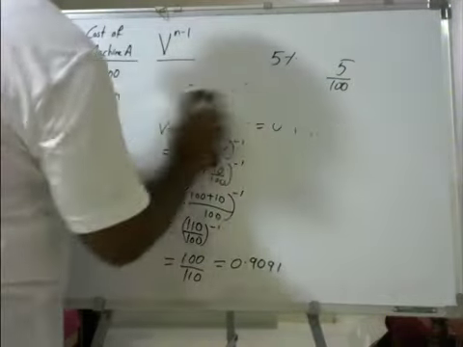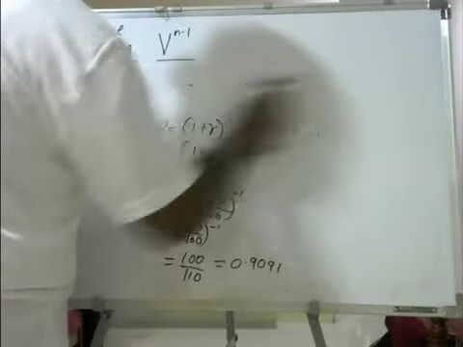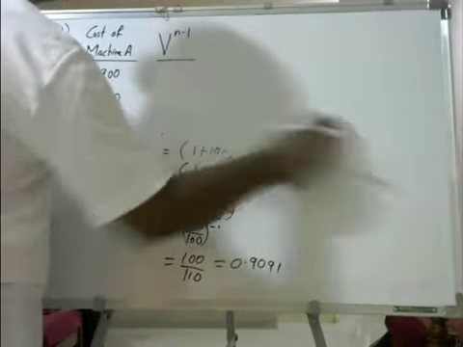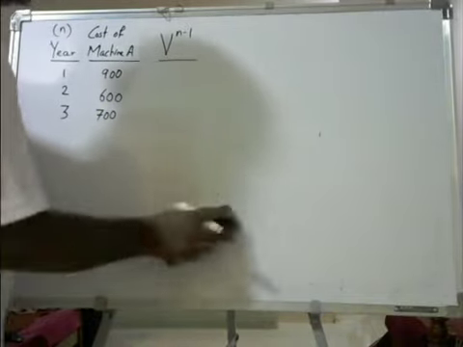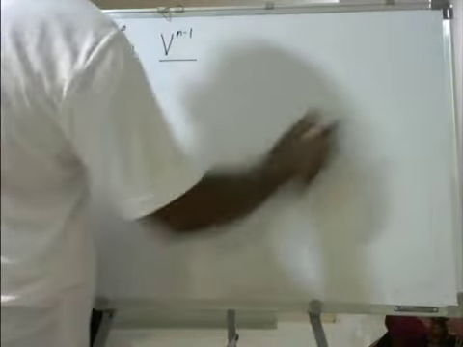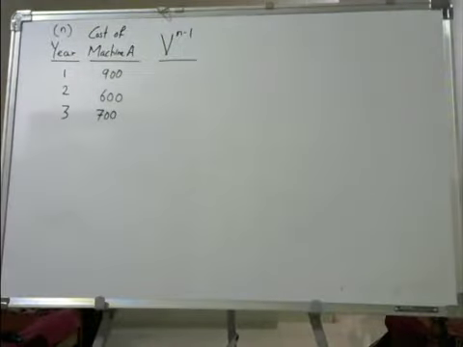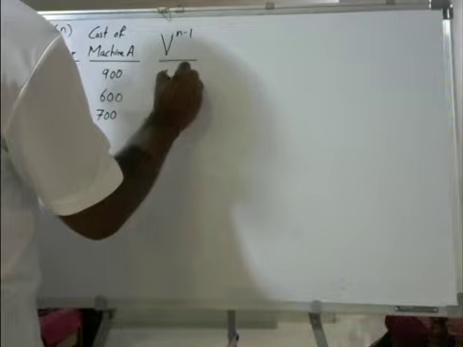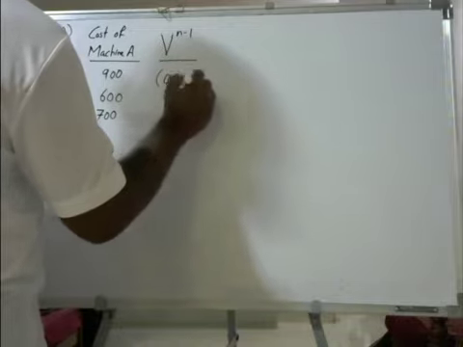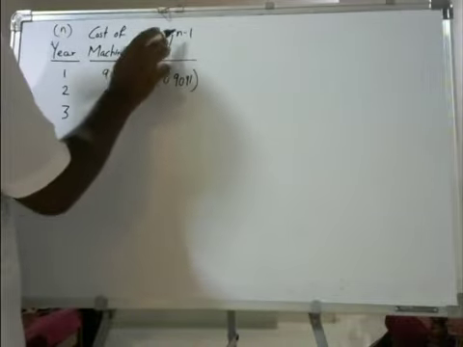Okay. Now since we have identified V, we can substitute here in the equation, that is V raised to n minus 1.